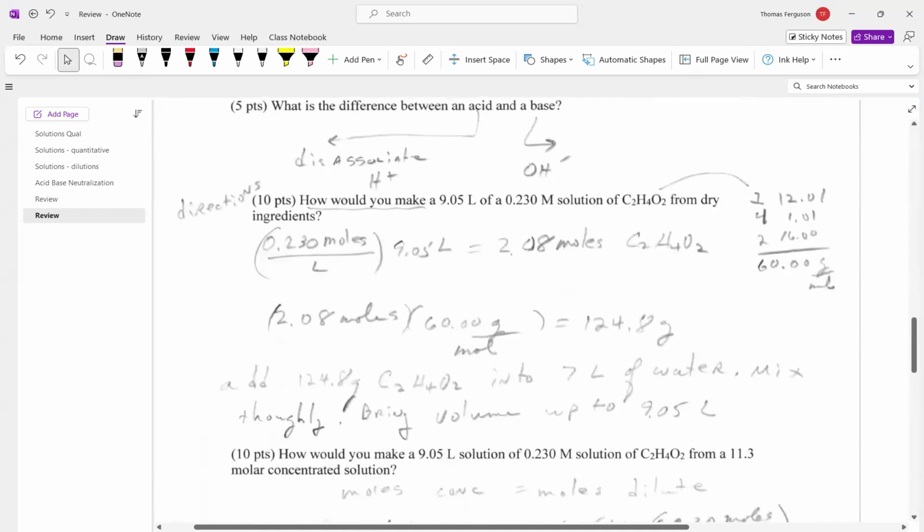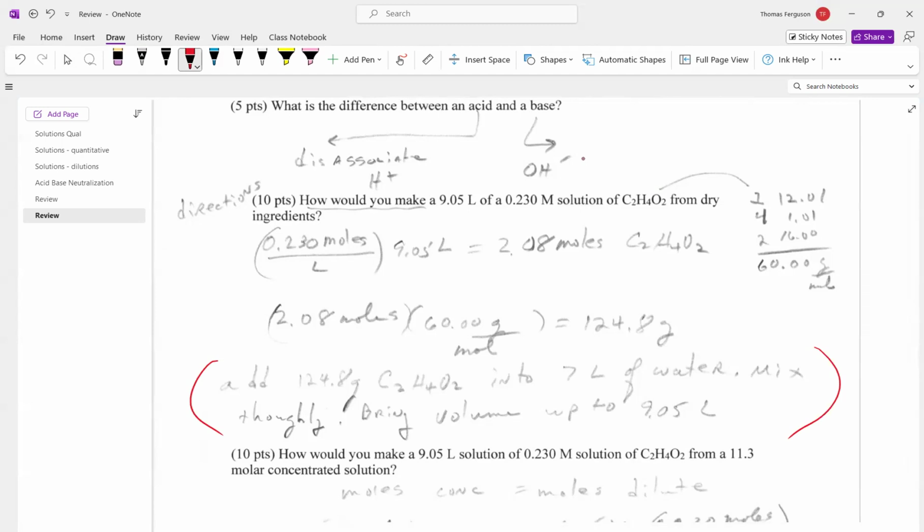All right, how would you make 9+ liters of 0.23 molar solution of acetic acid from dry ingredients? I want directions there. How would you make it? So that means you're going to have an answer that looks like that, not just some calculations.